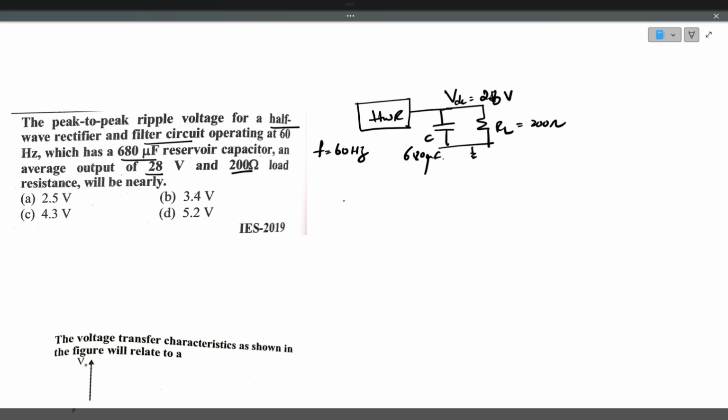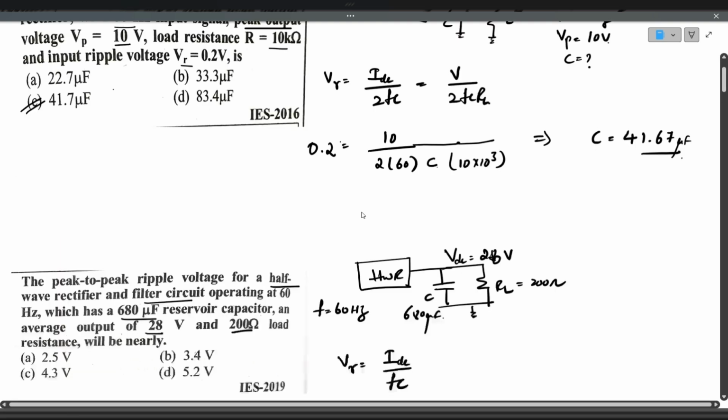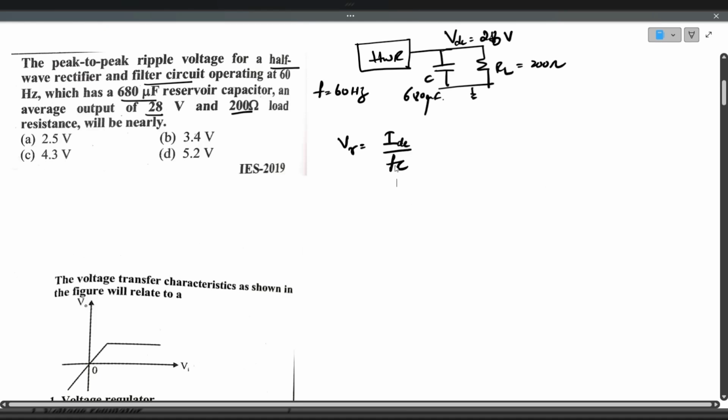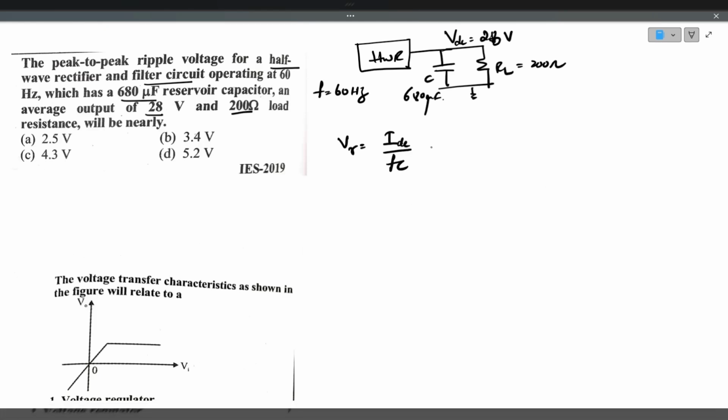So now for the half wave rectifier, the ripple voltage is IDC divided by FC. For a full wave rectifier, it is IDC divided by 2FC. For the half wave rectifier, it is IDC divided by FC. You should remember these formulas, which can also be written as VDC divided by FC RL.